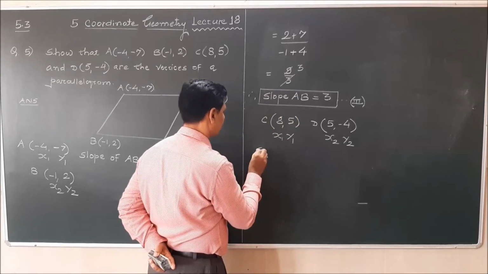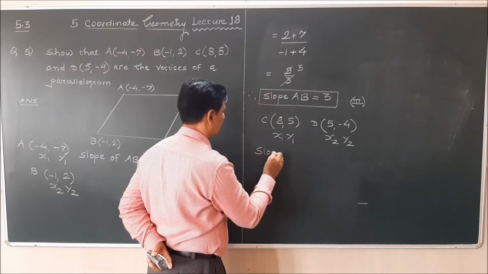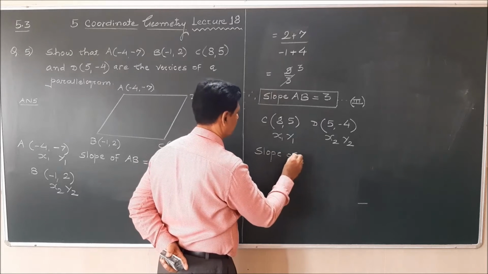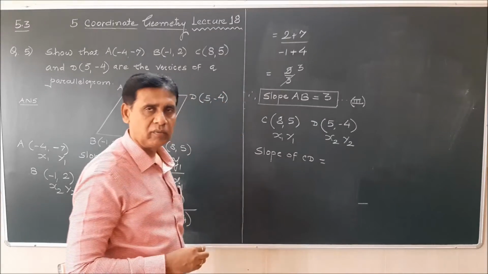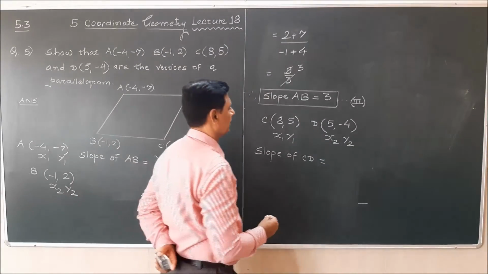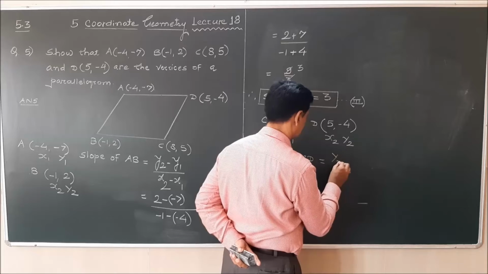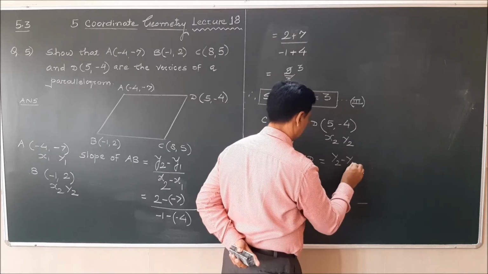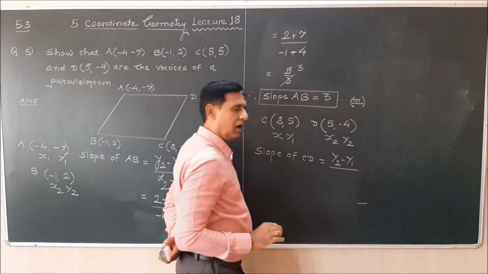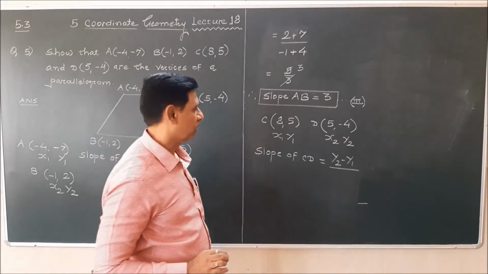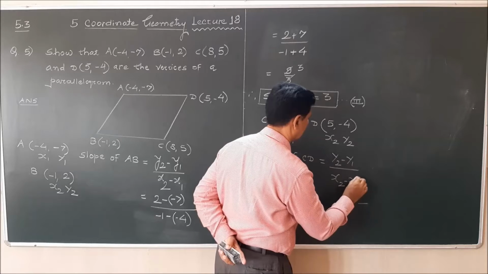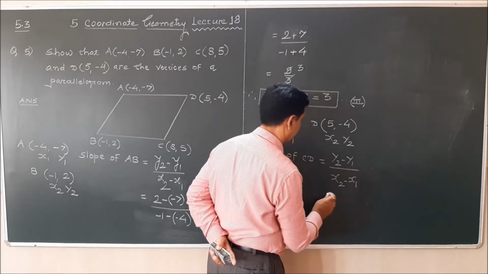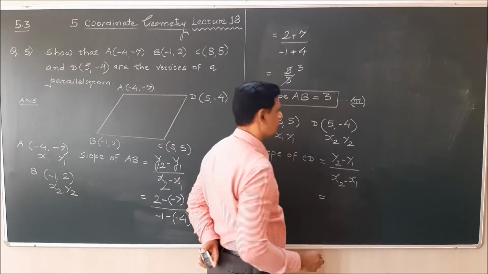Then the slope of CD is equal to, by the slope formula only, y2 minus y1 upon x2 minus x1. Same formula for finding out slope.